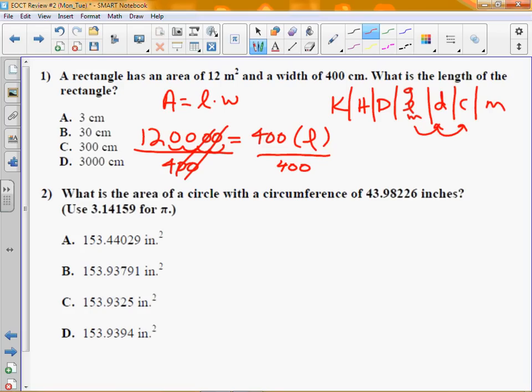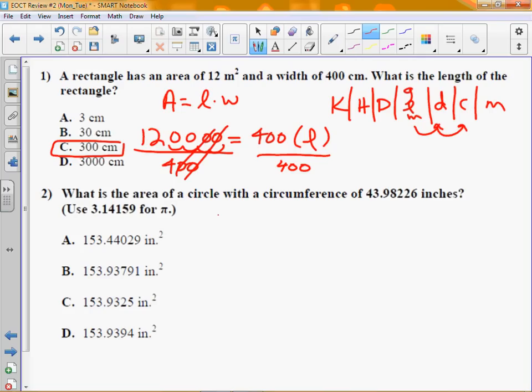Which is it? 300. 4 times 3 is 12, and then 1, 2, 3, 4, 0. So it works. Okay, remember this problem from last week?